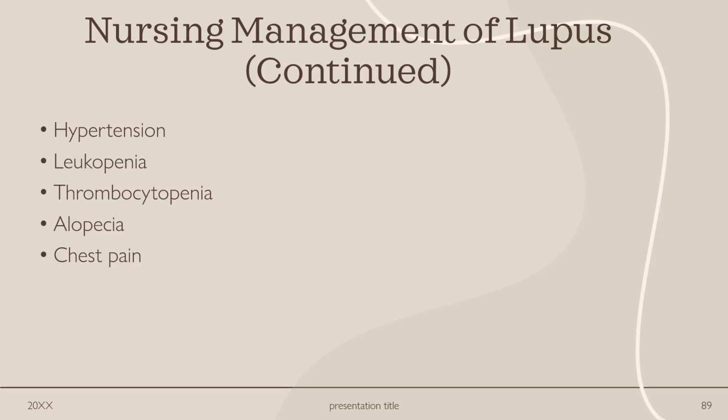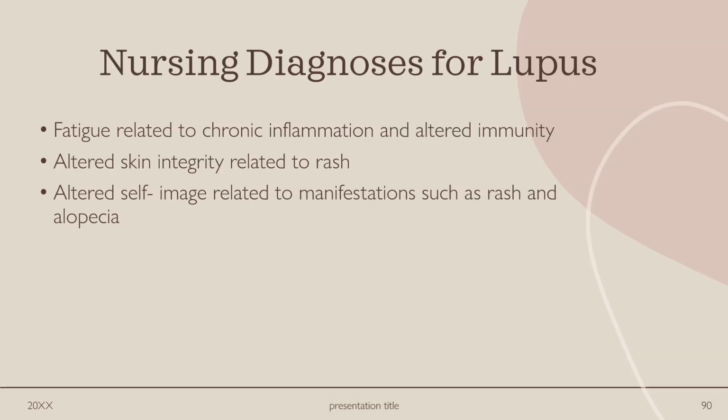Alopecia is thinning and then loss of hair. And then chest pain. Some nursing diagnoses for lupus: fatigue related to chronic inflammation and altered immunity; altered skin integrity related to the rash; altered self-image related to manifestations such as the rash, and then alopecia.